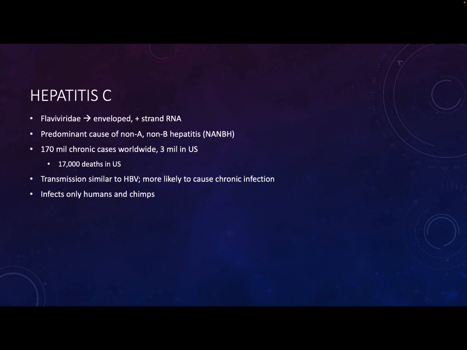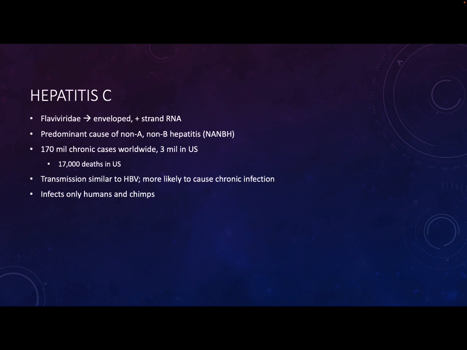Hepatitis C, so we kind of bounced around the alphabet a little bit, is the last hepatitis virus we'll talk about. Hepatitis C is a member of the Flaviviridae, so it's related to yellow fever and some of those other arthropod-borne infections we talked about. But it is not an arbovirus because it is not transmitted by arthropods.